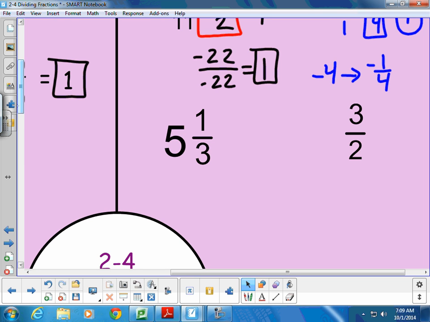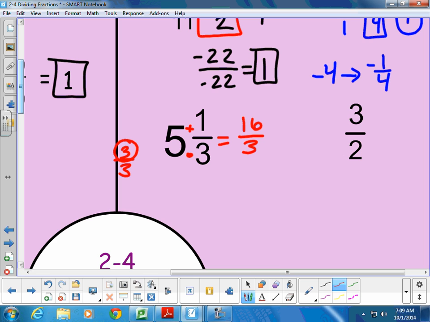Trying the next two. We see 5 and 1/3 is a mixed number. First thing we have to do with that one is change it to an improper fraction. We talked about this last time. This 5 represents 5 of these. So that's really 5 times 3 plus 1. So this is the same as 16/3. That's the same thing. 16/3 is not its reciprocal. 16/3 represents 5 and 1/3.